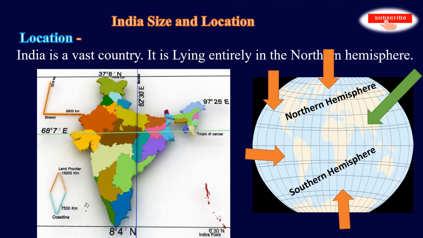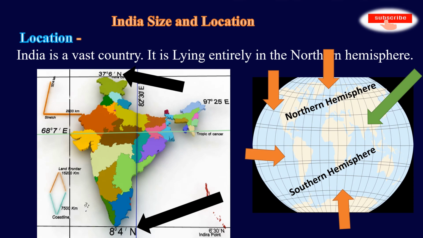And India lies between 8 degrees 4 minutes north latitude and 37 degrees 6 minutes north latitude. And the longitudinal extent of India is between 68 degrees 7 minutes east longitude and 97 degrees 25 minutes east longitude.